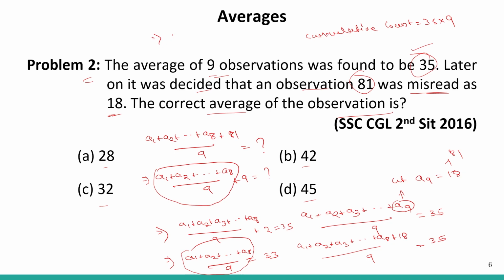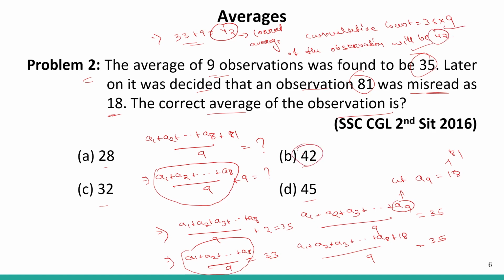This was 33, then plus 9, so it will be equal to 42, right? So the correct average of the observation will be 42. Okay, so 42 will be the correct answer.